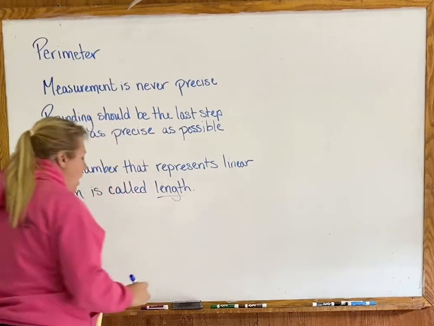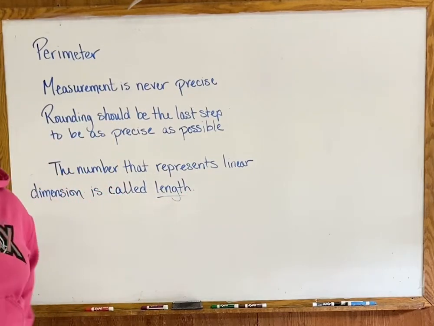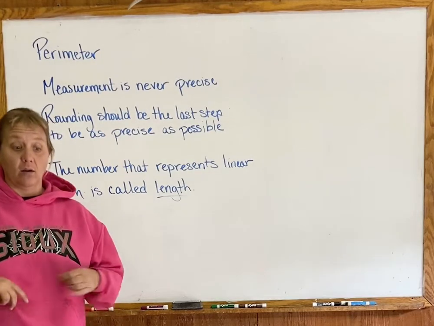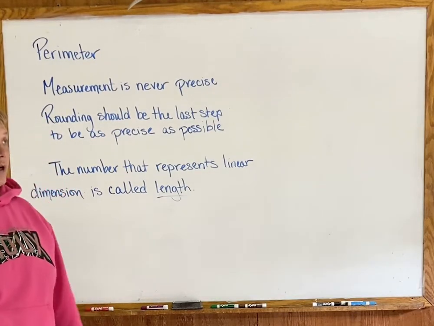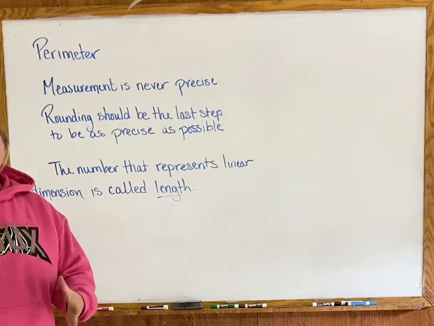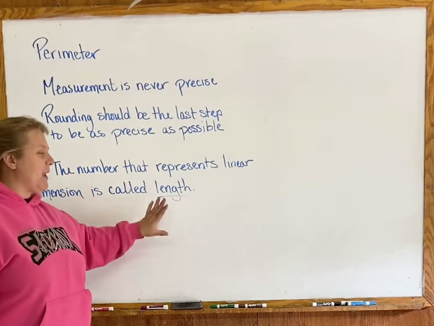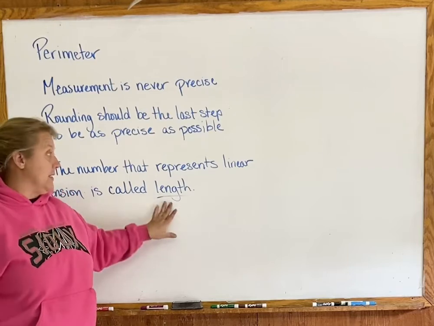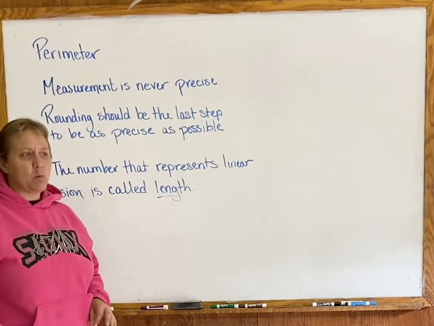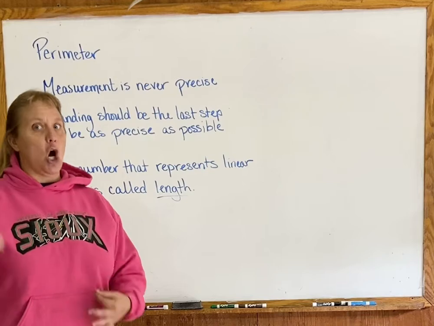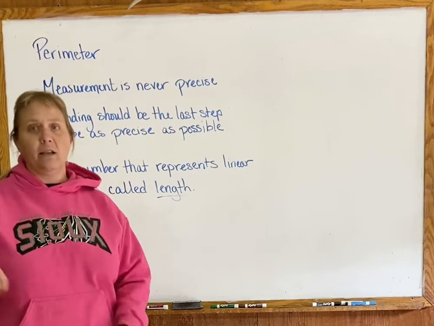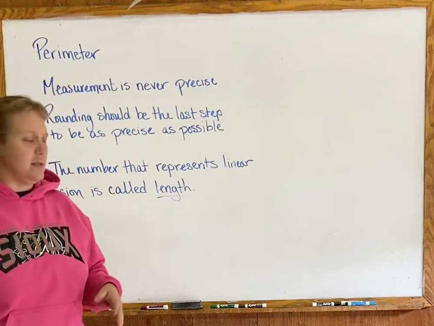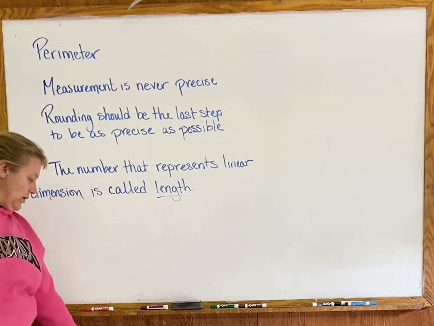Now, we do hear things like length, width, and height, and those are all linear dimensions, okay? But the basic word that we use as an all-around word is length. It seems weird to say, if you ask me how tall I am, you don't say, what's the length of me? But essentially that's what we're doing. We're figuring out what the length is, okay? So length is what we're looking at here.